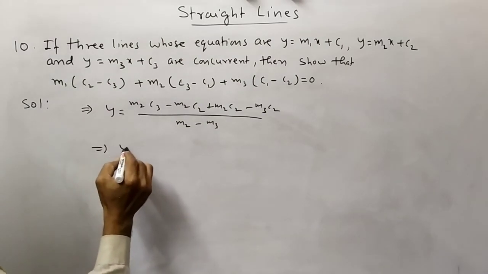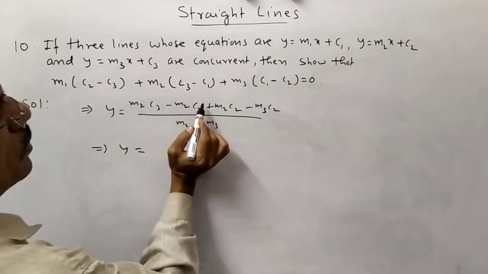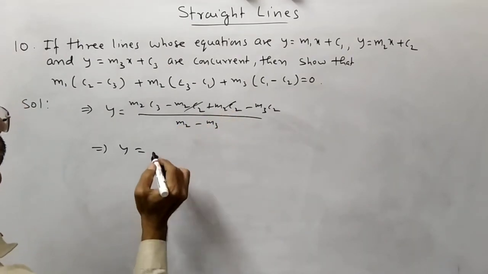This implies y is equal to m2 c2 cancels with minus m2 c2.